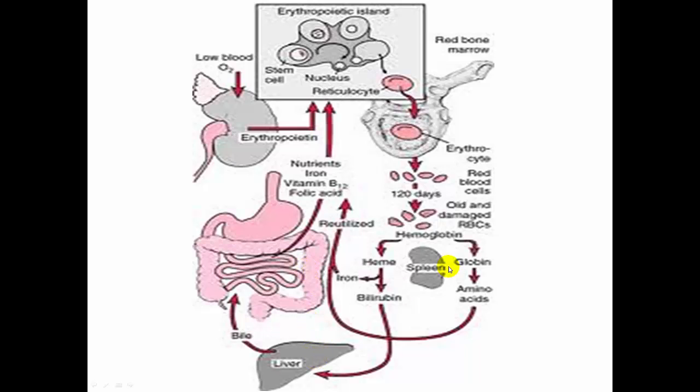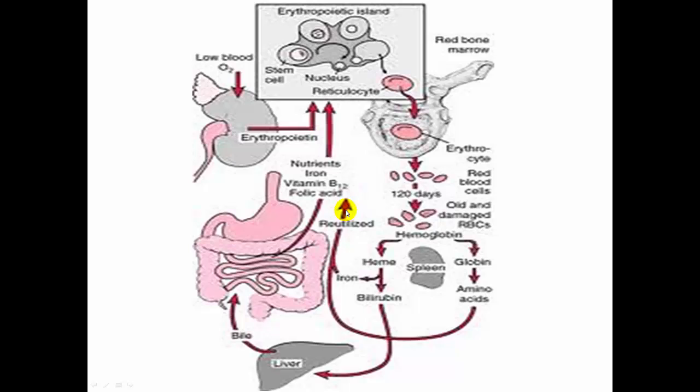When it goes to the spleen it breaks down into its component parts. So we have heme, which in this case is not an engine, and globin. Well, globins are amino acids. So they're broken down, and you can follow the arrow and you see that it's reused.